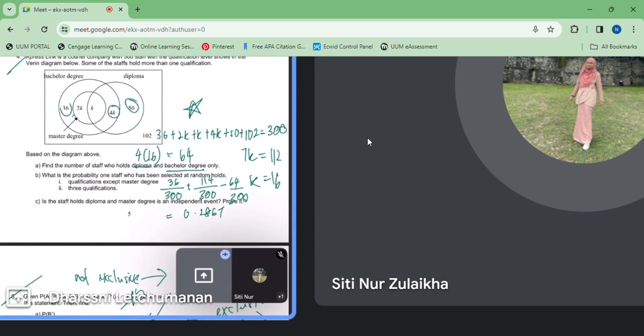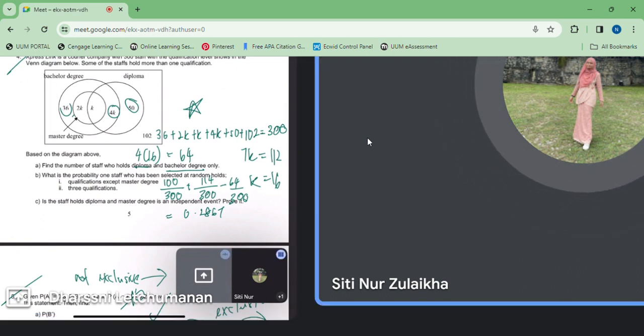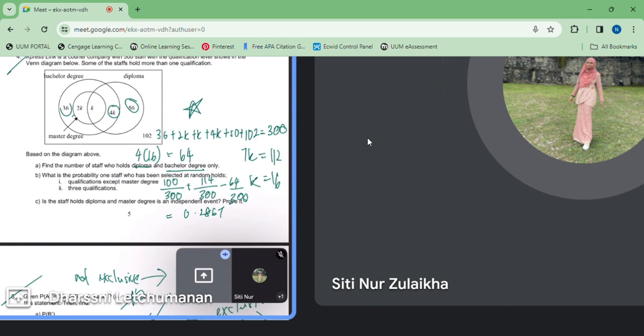Oh, I did it wrong. It's actually 36 plus 64, 100, right? Can you see this one? And then you must minus this. Understand?